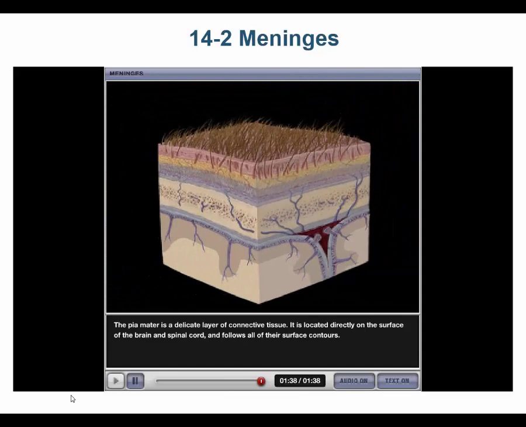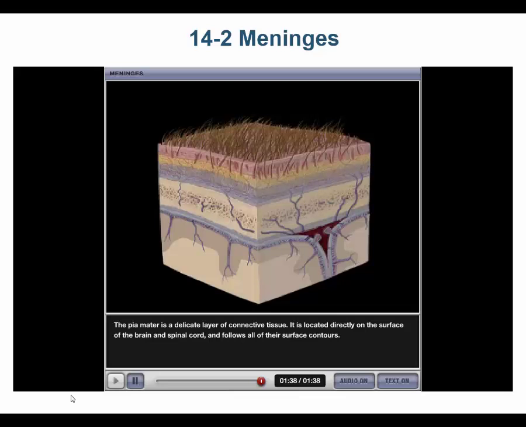Okay, the key thing she said there about the pia mater was that it's actually difficult to separate the pia mater from the brain. It dips into every sulcus, it adheres to every gyrus, it dips into every fissure. It follows the contours of the brain very tightly, and when you do the sheep brain, you'll see the dura mater is easy.